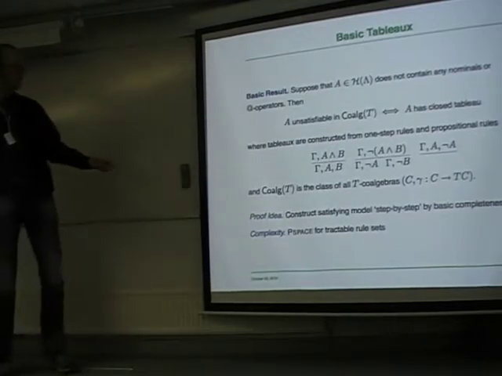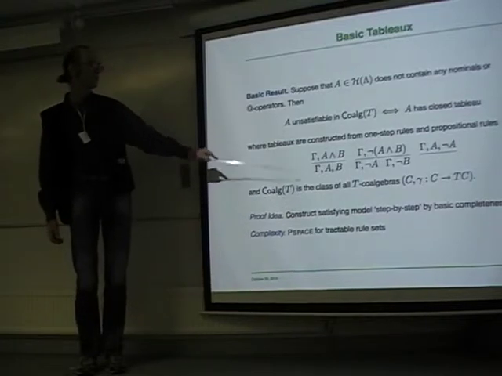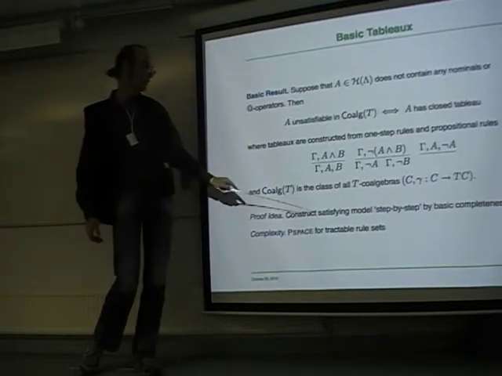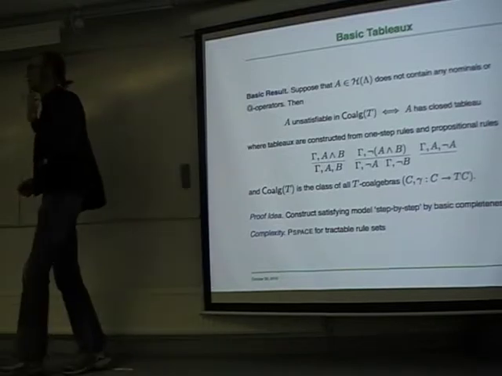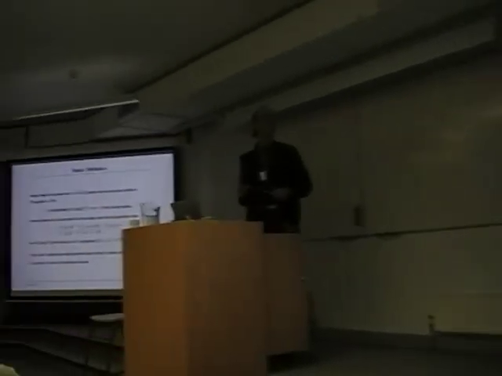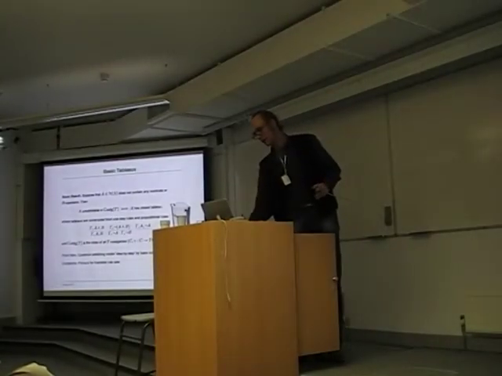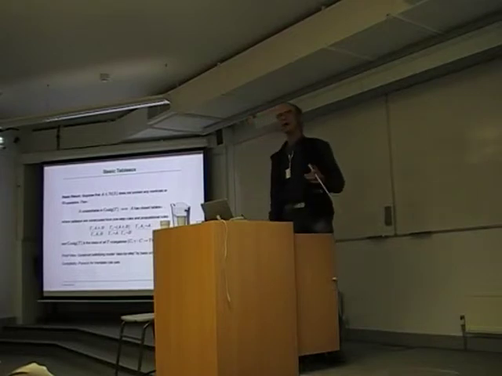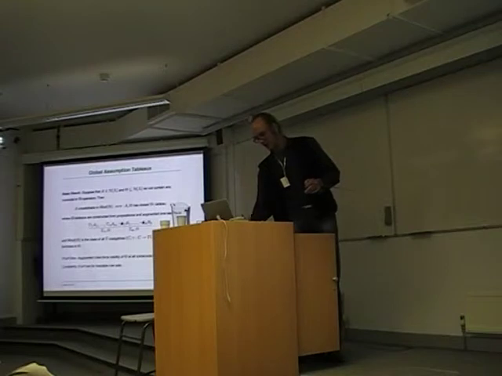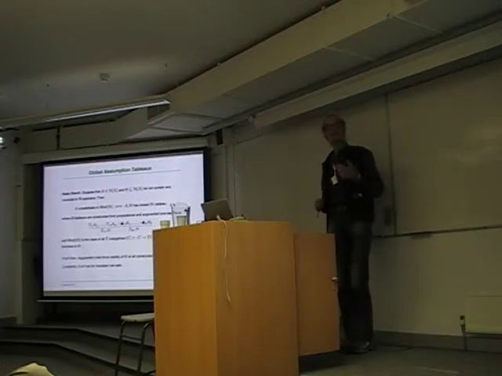Essentially the proof idea is to construct satisfying models in the case that no closed tableau exists, step by step, employing the basic coherence condition at every step in the model construction. You can implement this on an alternating Turing machine if you like, and obtain polynomial space as an upper complexity bound.